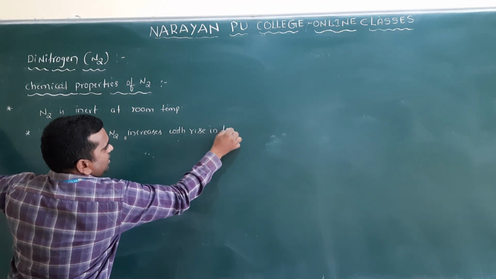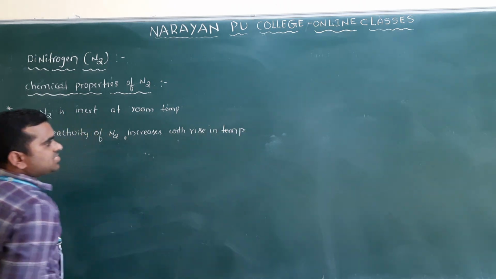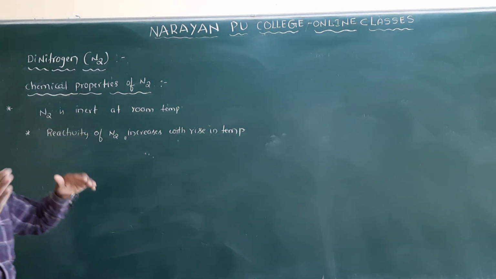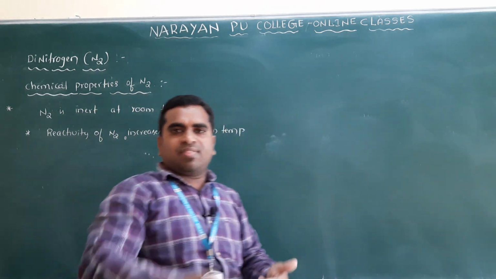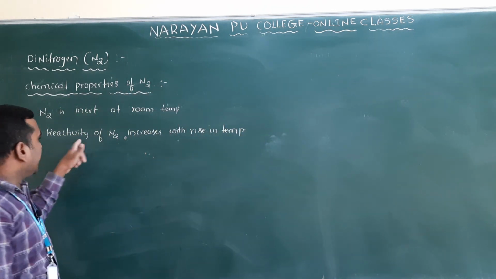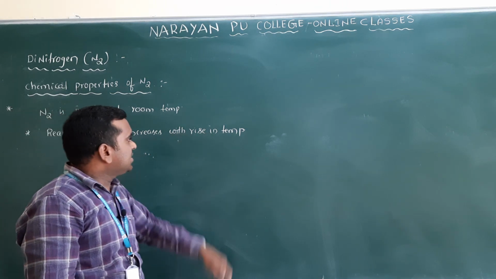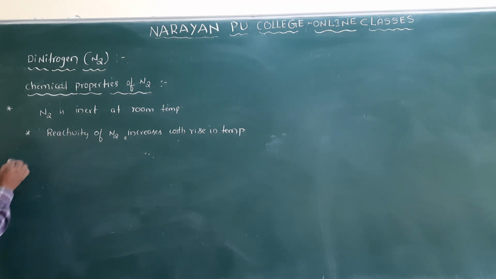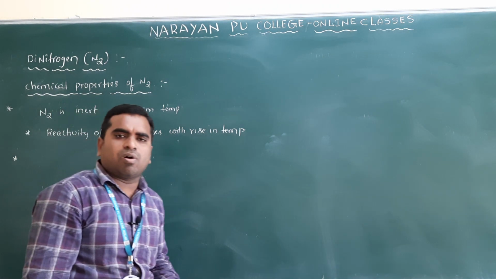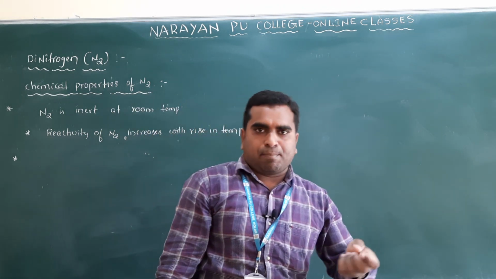As the temperature increases, the triple bond between the nitrogen atoms slowly breaks, then they get involved in the reaction. So that's why reactivity of nitrogen increases with rise in temperature. Clear? Now nitrogen will react with metals and non-metals also at high temperature.